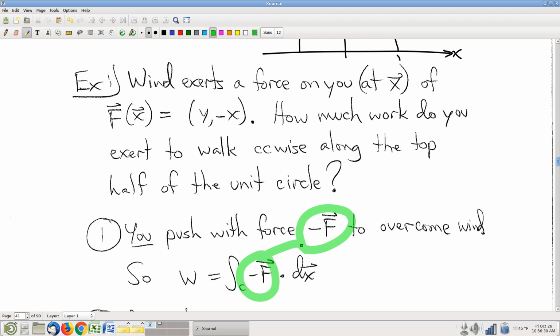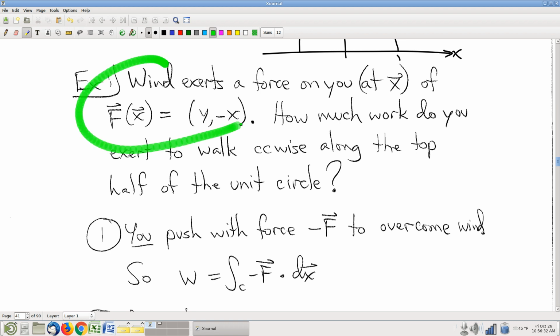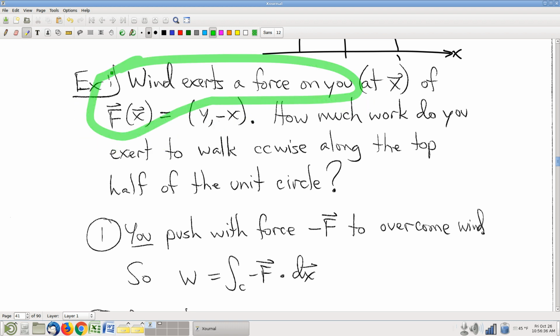And here the language is that F is the force that the wind is exerting on you. So how much force are we exerting back to keep from falling over, which of course is the point of applying a force in the wind? We're applying the opposite force.